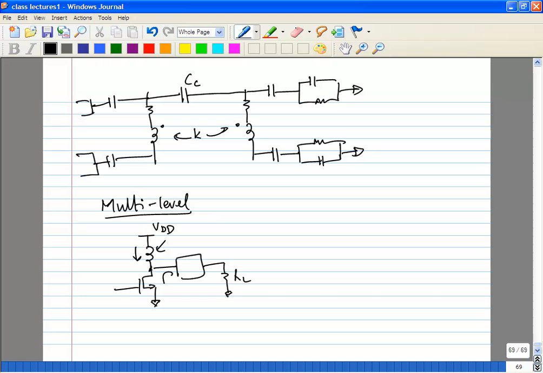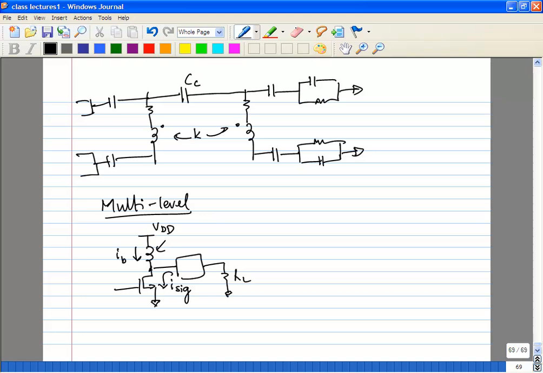So most of the biasing current flows through this, and most of the signal current flows through the output. Yes, that's the reason why. So you have a large inductance here, large enough such that at higher frequencies, it offers a very high impedance. So all the signal current tends to flow into the output.